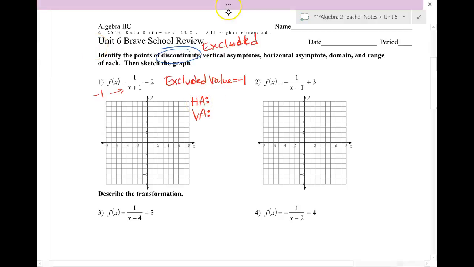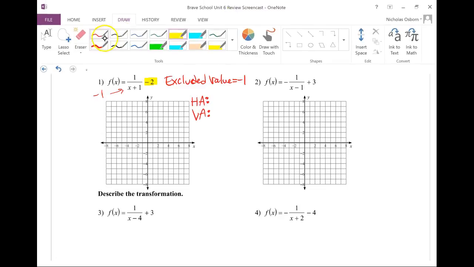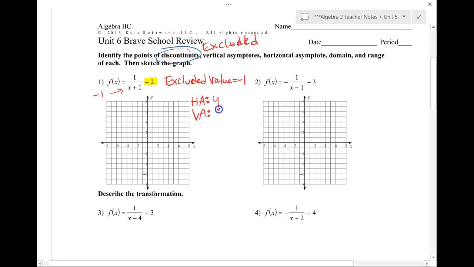For that number, we simply look at the number on the outside of the rational part of the function. We see that we have this number -2 added to the function. So that is where we get our horizontal asymptote from. So the horizontal asymptote is y equals -2.